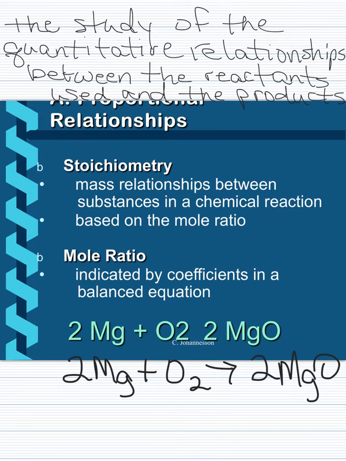So I wrote another definition, and I said, the study of the quantitative relationships between the reactants used and the products that are formed. And let's look at some of the words in this definition. I think it's easier to understand this one than the other one. Quantitative. And we see another word that should be ringing bells to you at this point from your math class.